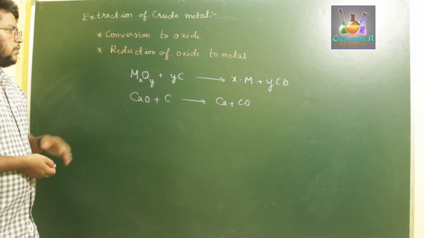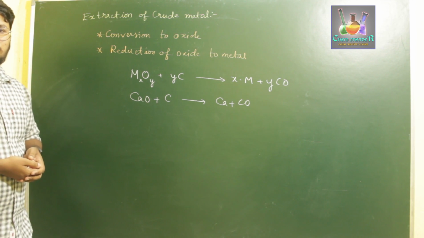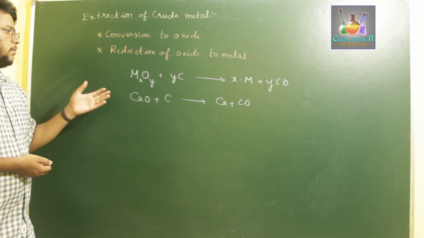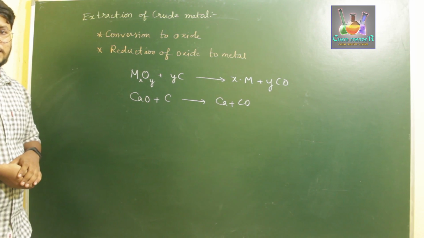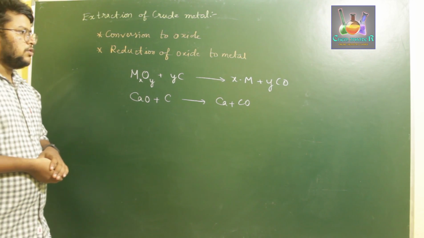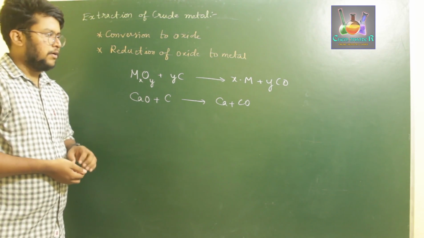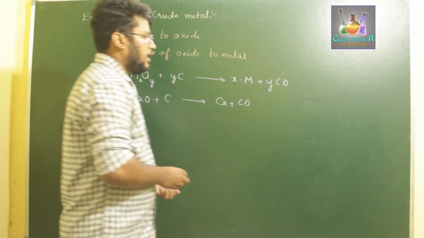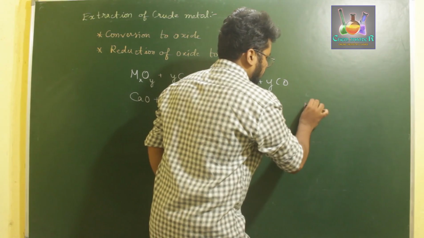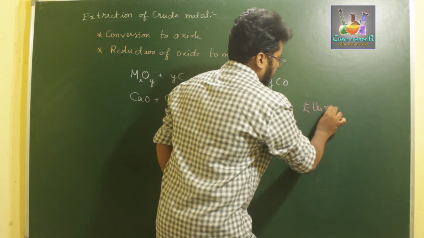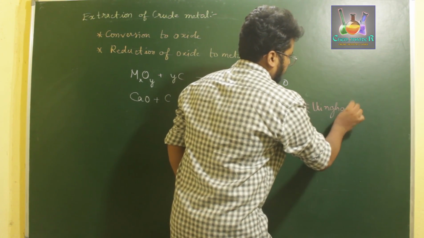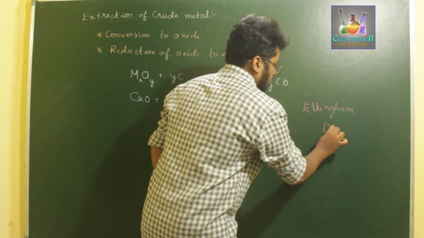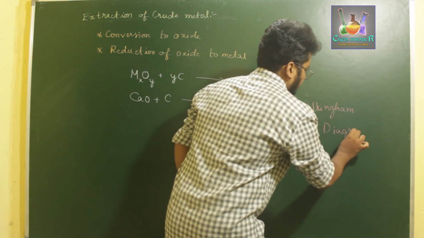We can use any metal for reduction of a metal oxide to its respective metal if it has a reducing agent property. Those metals can be identified by their specific properties, as defined by the Ellingham diagram. If we have to use a certain metal in order to reduce another metal, we use the Ellingham diagram.